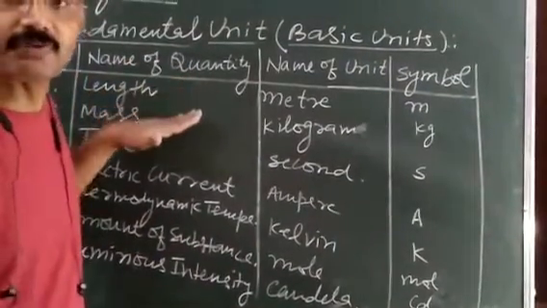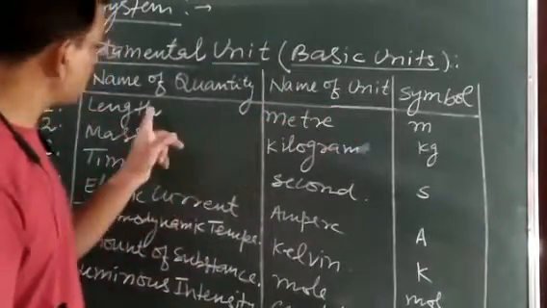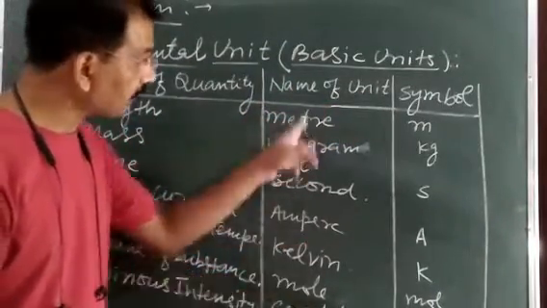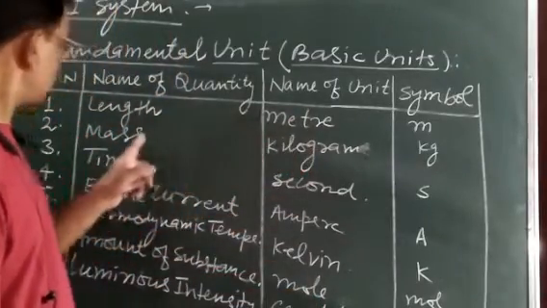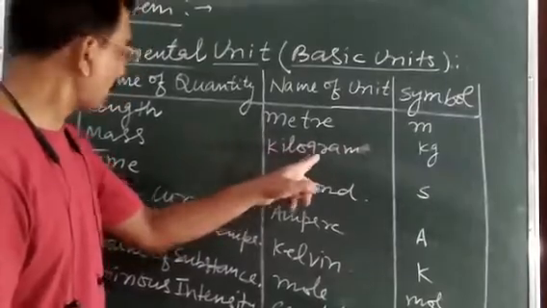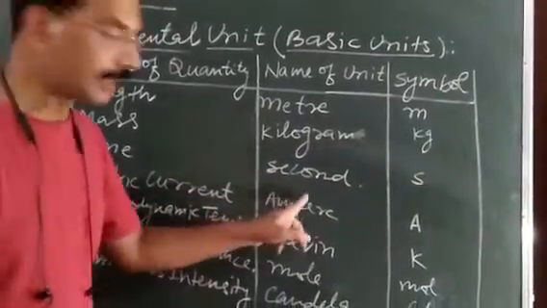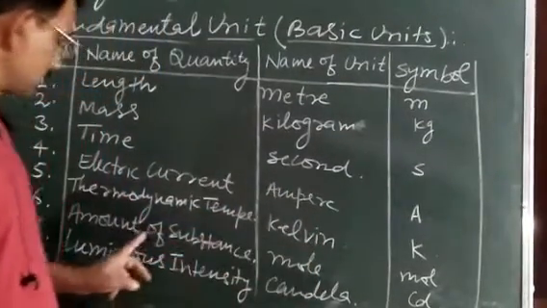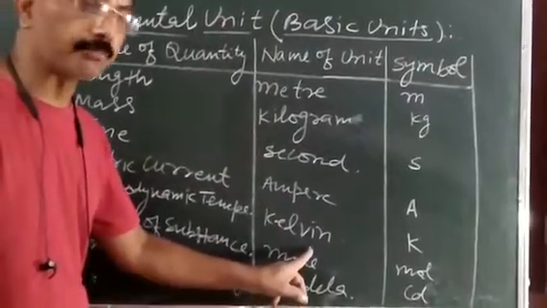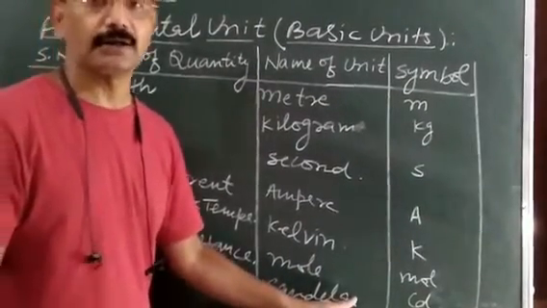These are the seven fundamental quantities. Their units: length is measured in meter, mass in kilogram, time in second, electric current in ampere, thermodynamic temperature in Kelvin, amount of substance in mole, and luminous intensity in candela.